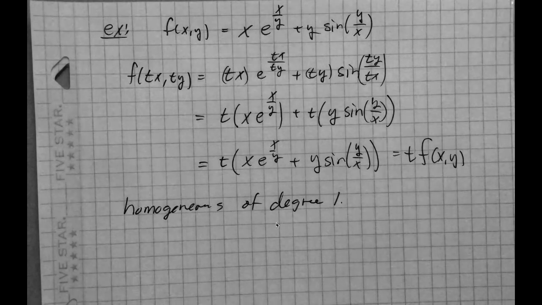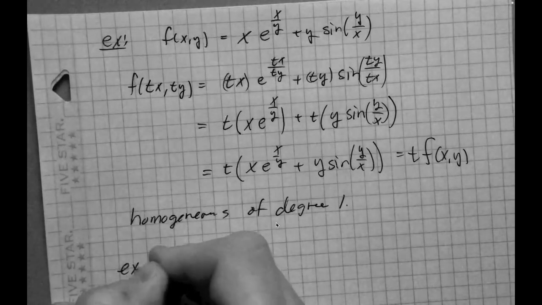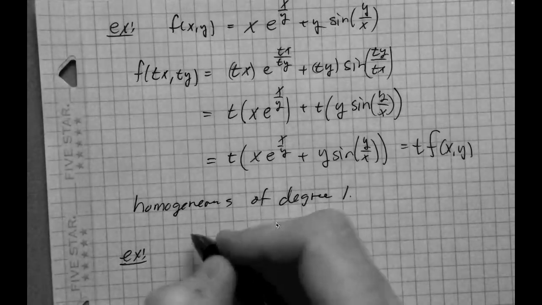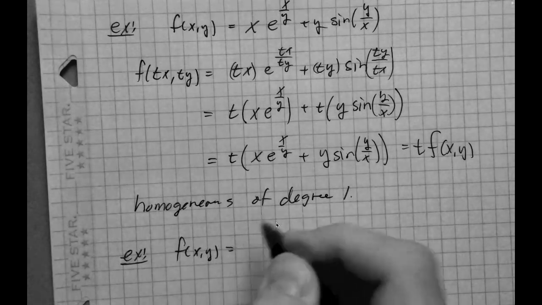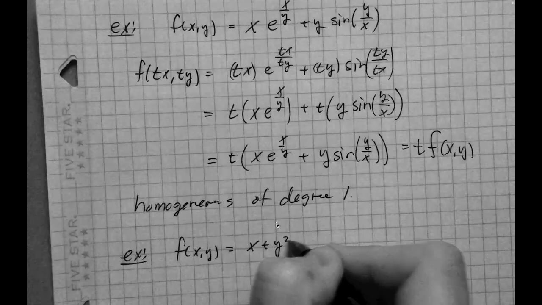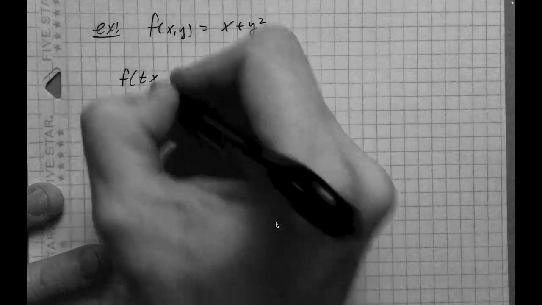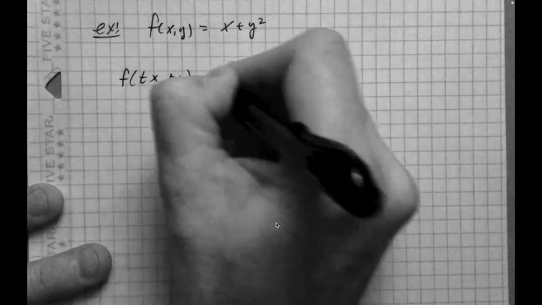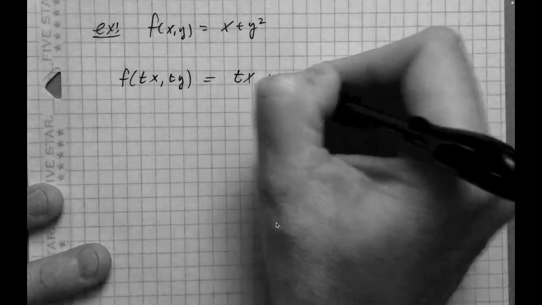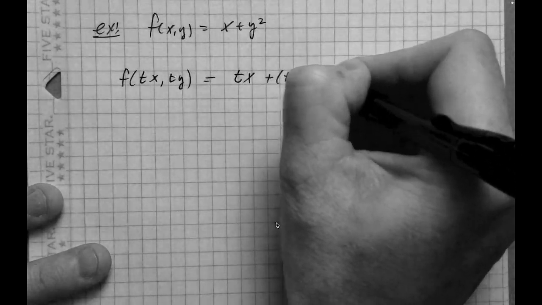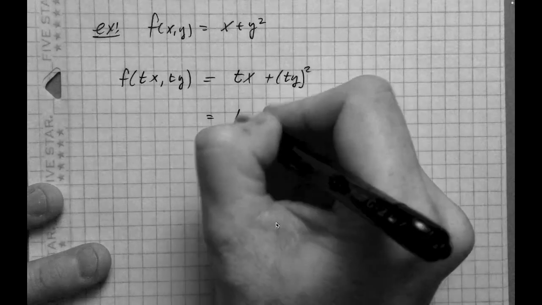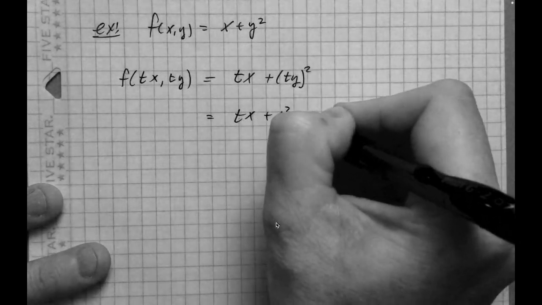Now some functions don't allow you to do this. Some functions do not have this property. Let's see an example. What about f of x, y equals x plus y squared? Well, f of tx, ty would be t times x plus t times y squared, which is t of x plus t squared y squared.